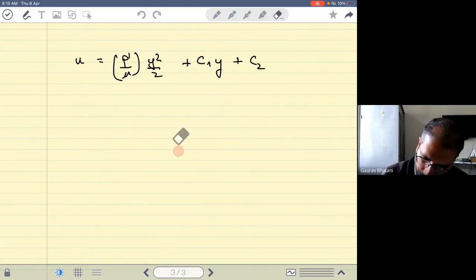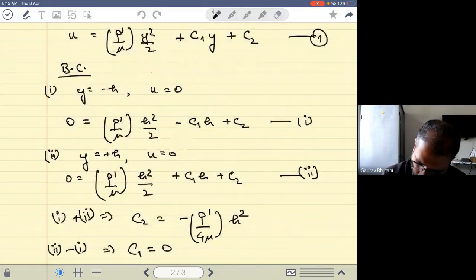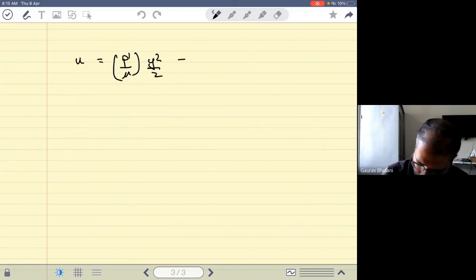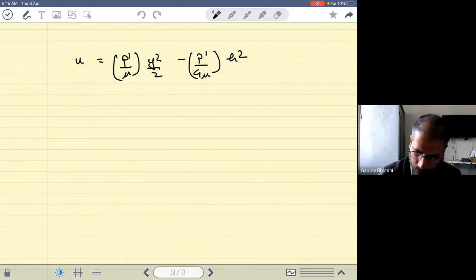Okay, and then our c1 was 0 and c2 was minus p prime by 4 mu times h square. So c1 is 0 and c2 is minus p prime by 4 mu times h square. That clear?